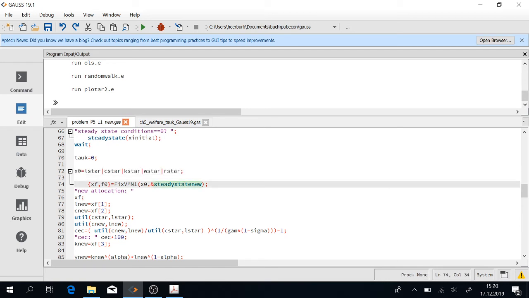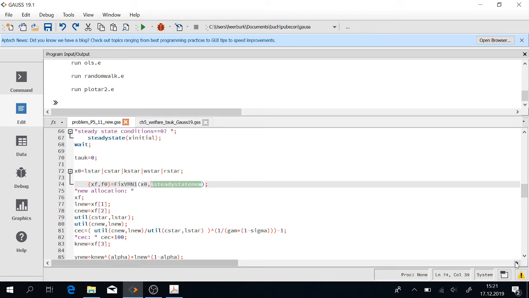The nonlinear equation solver fixvmn1 computes the solution to this system, so we have to provide as arguments the initial value, our guess, and the procedure, of course, preceded by the @ sign for our procedure. And it returns the solution in the vector xf.